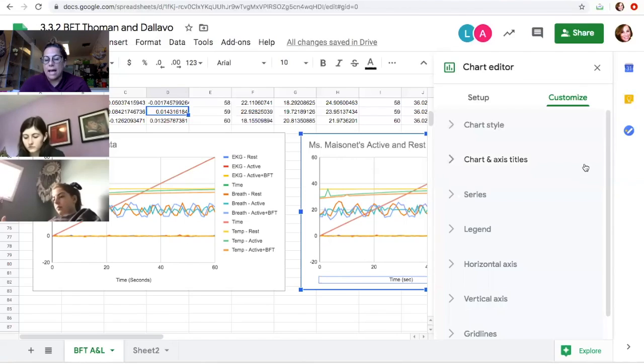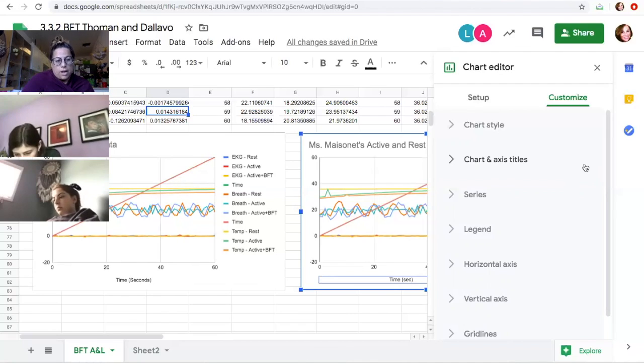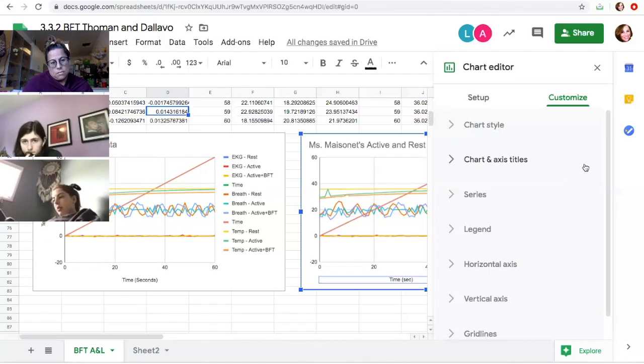If you looked in the instructions, or you recall from us discussing it, the title that you can create right now for the y-axis on the left side is only going to be the breath rate. Your temperature, yes, and your breath rate. And breath rate on the left side?